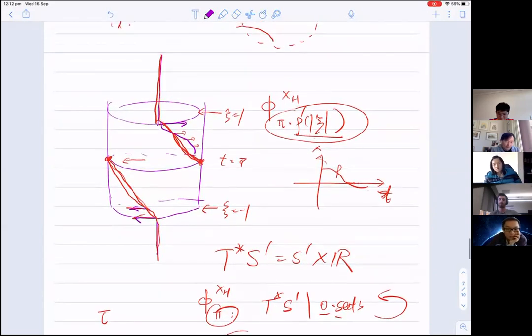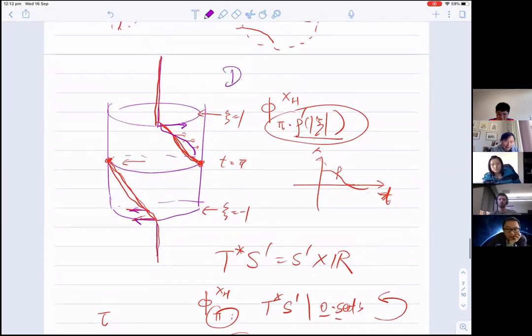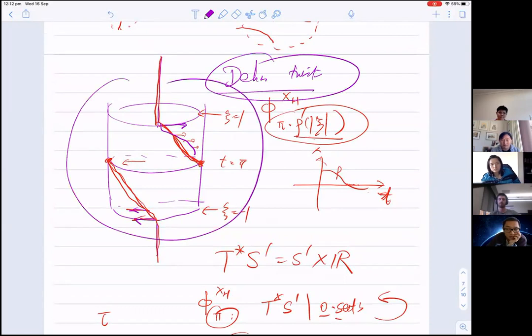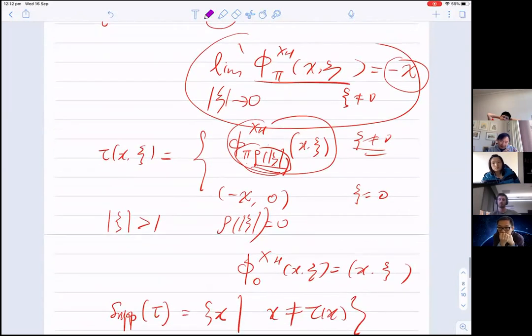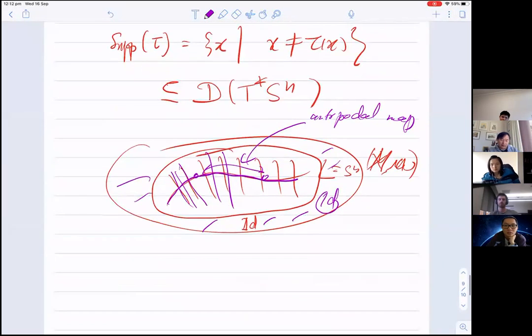So actually, this is like the Dehn twist, which I think was defined by Dehn many times ago, for this example. Now we use Hamiltonian vector fields and generate a flow. And this flow has compact support just along the zero section. So you have the sphere, which is a Lagrangian sphere.